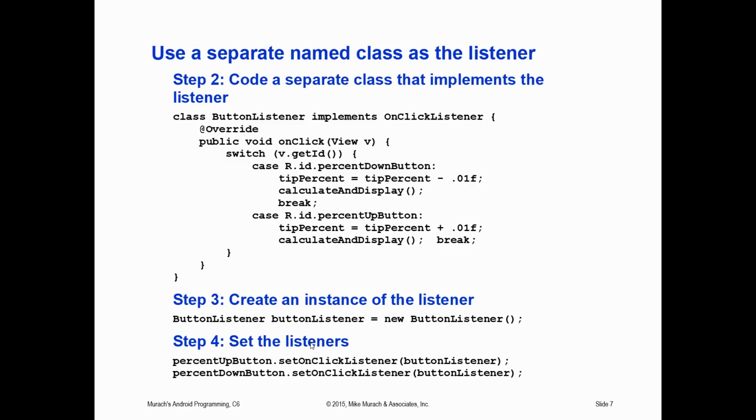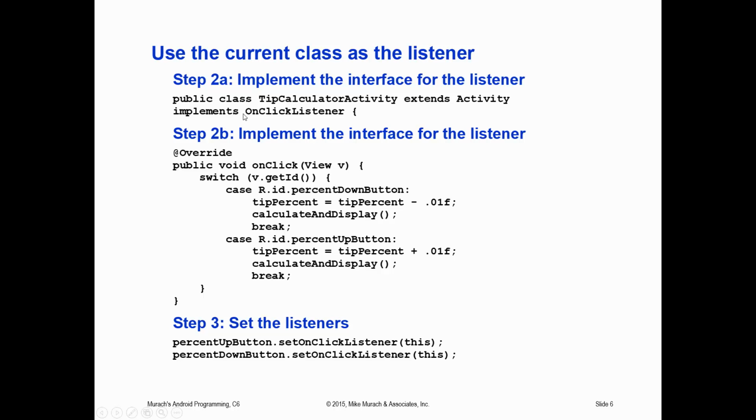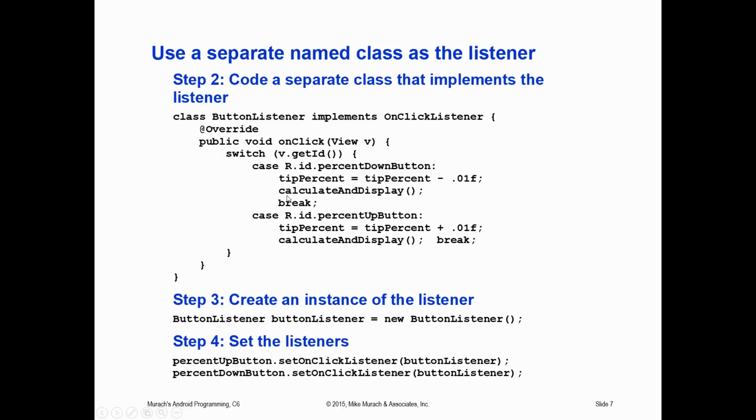So here we're coding a separate class. Notice class button listener, as opposed to implementing the on-click listener and putting it right into our main class. Here we're creating a separate class. The class is stored in the same file as the class for the activity.